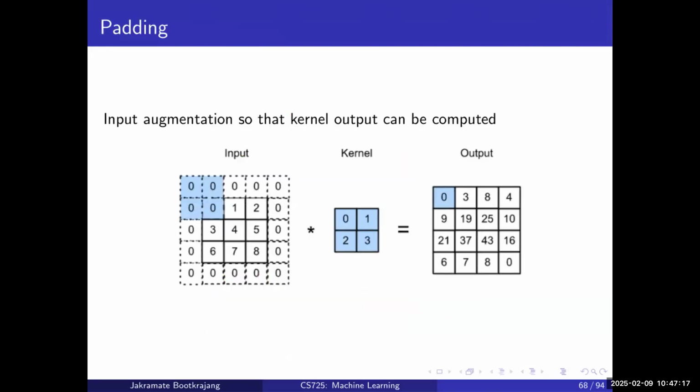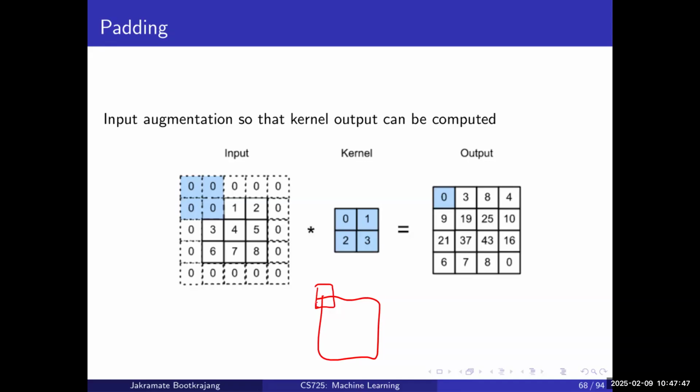You can also introduce padding. So what is the padding? When you have the image, you cannot filter past the edge of the image, because the numbers outside don't make sense.